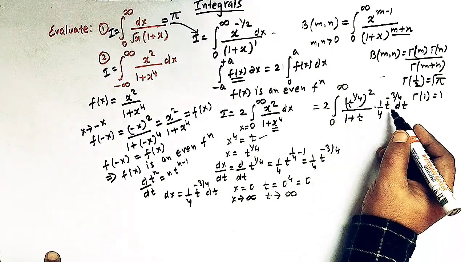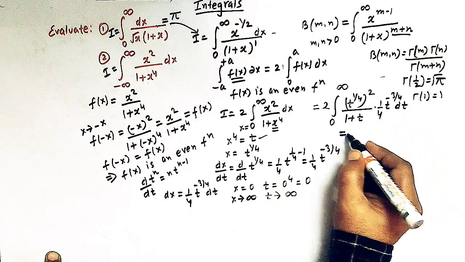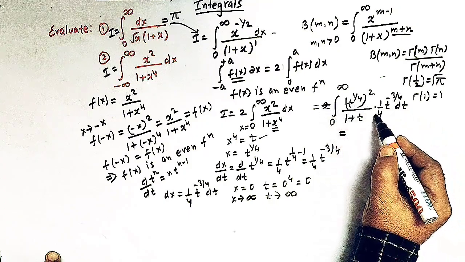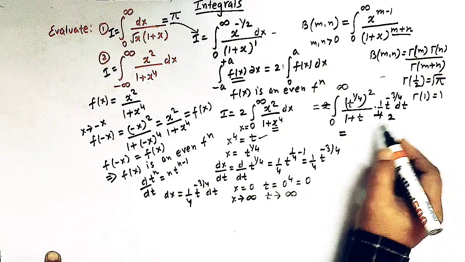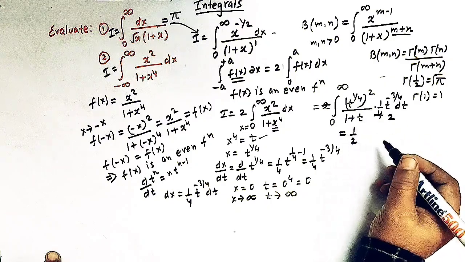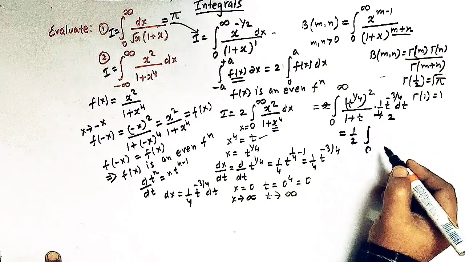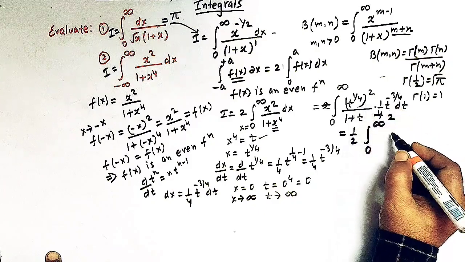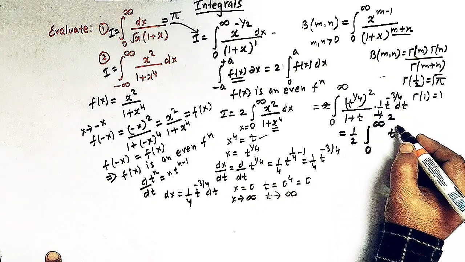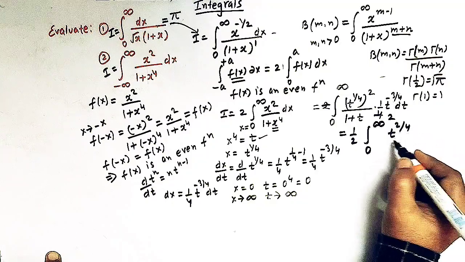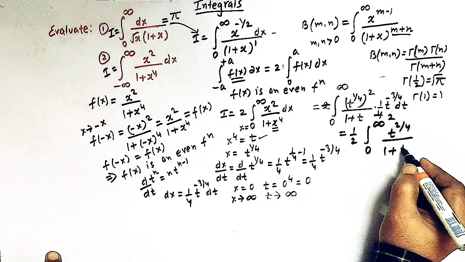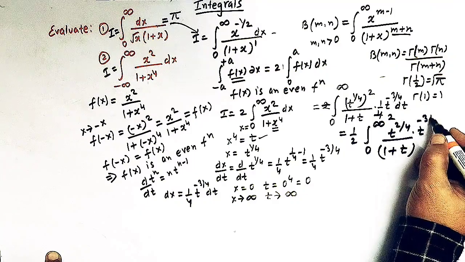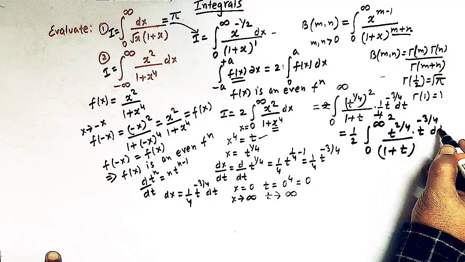So now let us rearrange the terms. Here this 4 gets cancelled with this 2, so we have half outside the integral, and then we have 0 to infinity, and here we have t raised to 2 by 4, and then we have 1 plus t, and here we have t raised to minus 3 by 4 and dt.